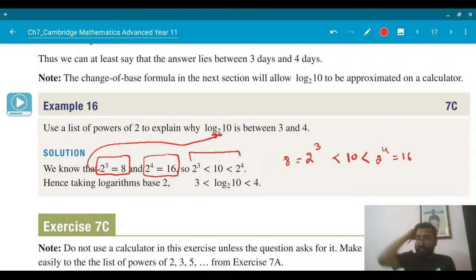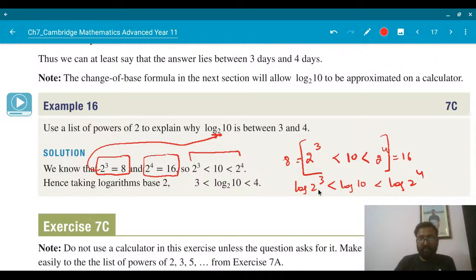Okay. If you apply the logarithm to all three sides, it is log 2 power 3 less than log 10 less than log 2 power 4, all base 2.